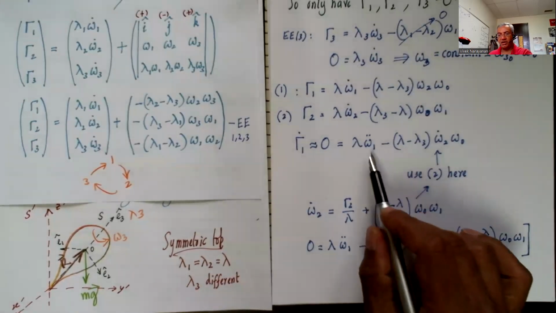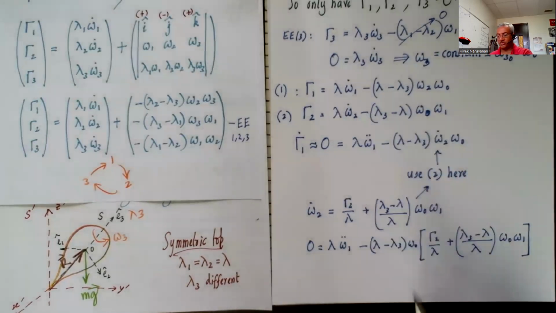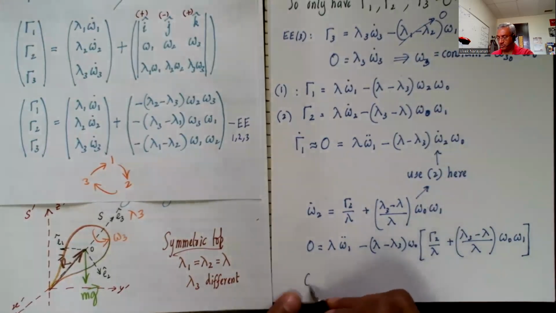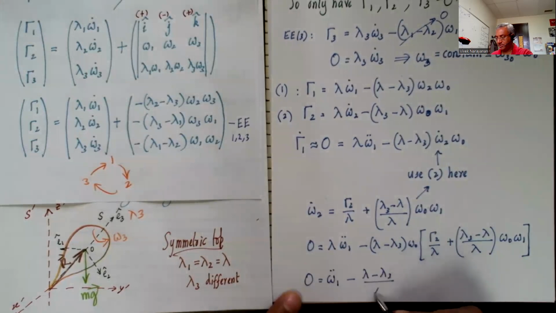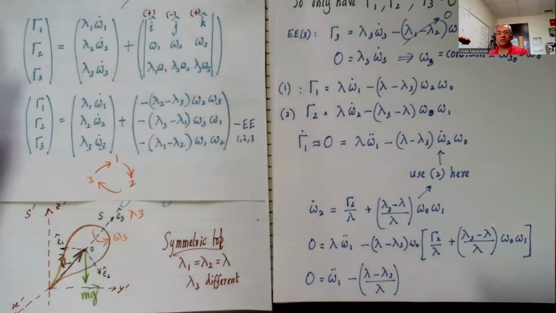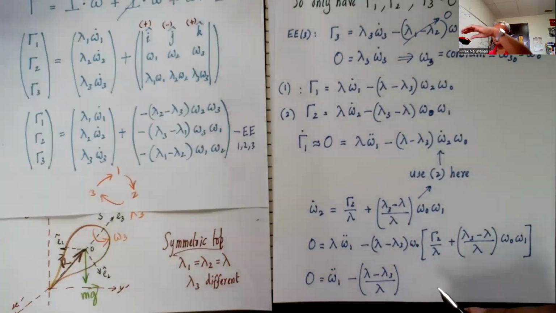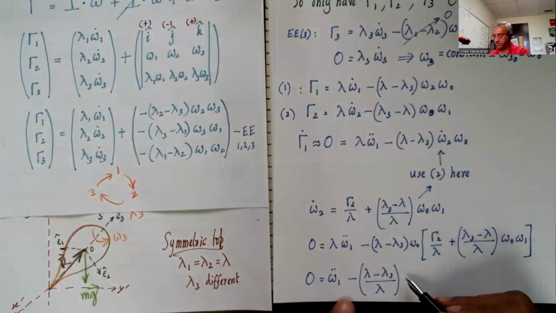Here, you had omega 1 and omega 2 related, so all these cross relationships vanish now. Let me write one more equation, and what I can do is divide throughout by lambda. So I get 0 equals omega 1 double dot minus lambda 3 over lambda times omega naught.